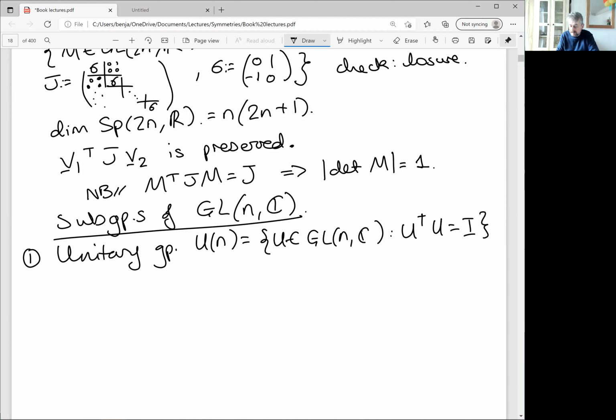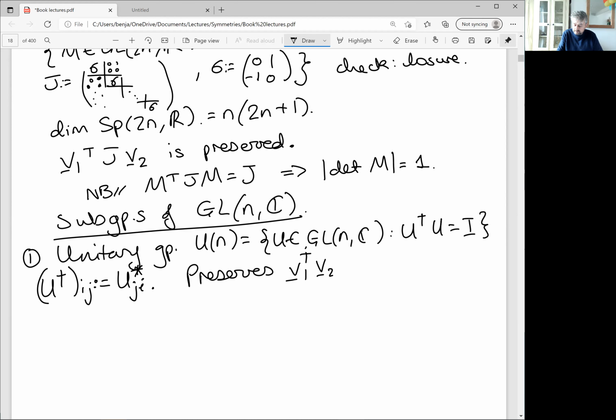U dagger is the Hermitian conjugate, which is probably familiar to you, but just in case it's not, you take the complex conjugate and the transpose. Here in suffix notation, you switch the rows and the columns to find the individual elements. So this unitary group, when it acts on complex vectors, preserves V1 dagger V2, where each of these is a complex vector.